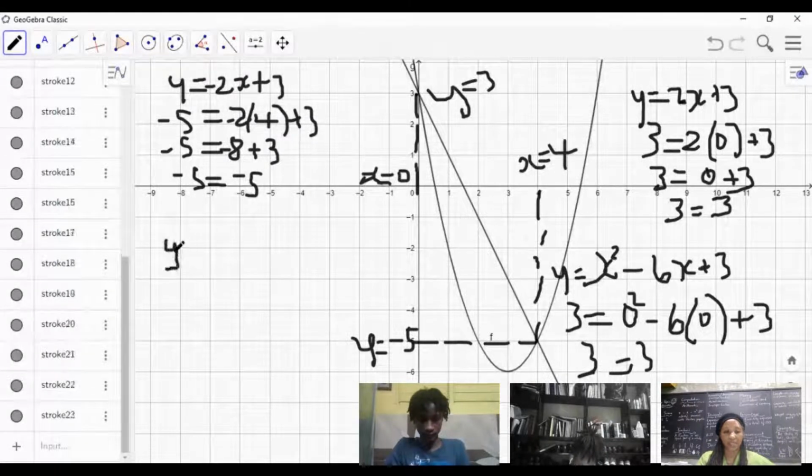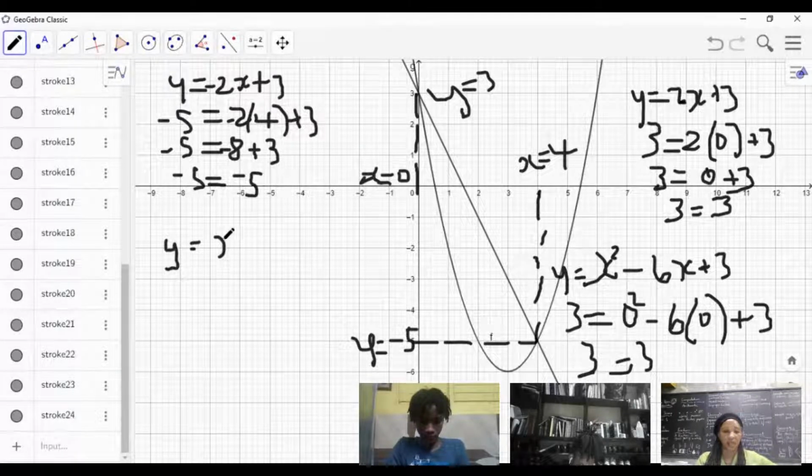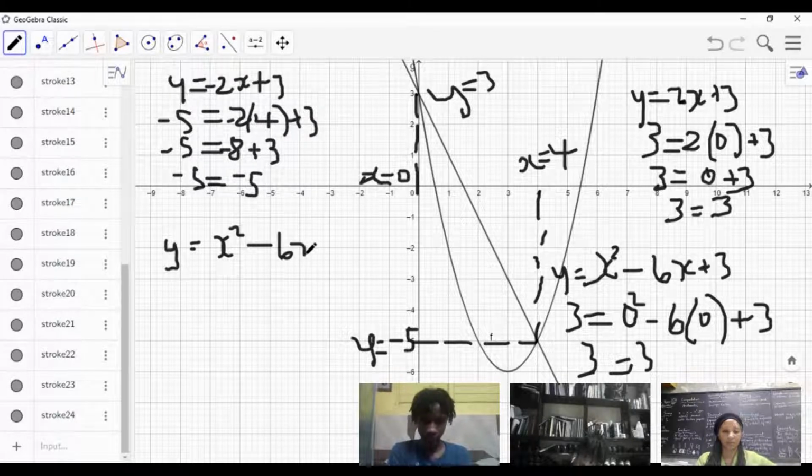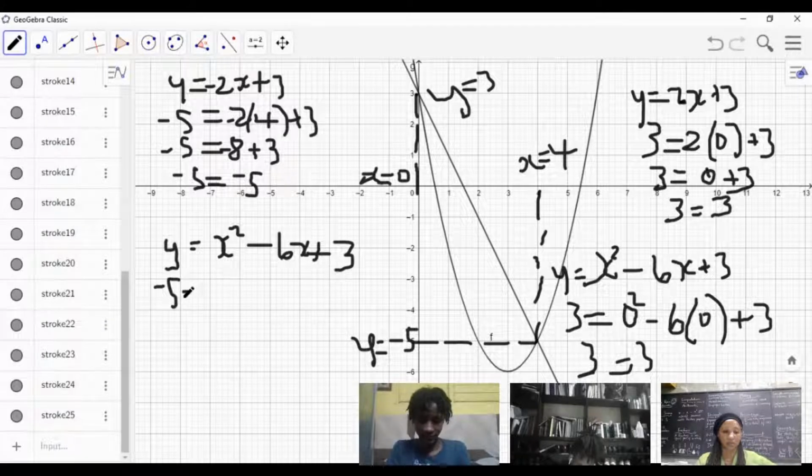Let's do the quadratic. So y is equal to x squared minus 6x plus 3. All right, so plug those in. So y is negative 5, which is equal to 4 squared minus 6 times 4 plus 3.